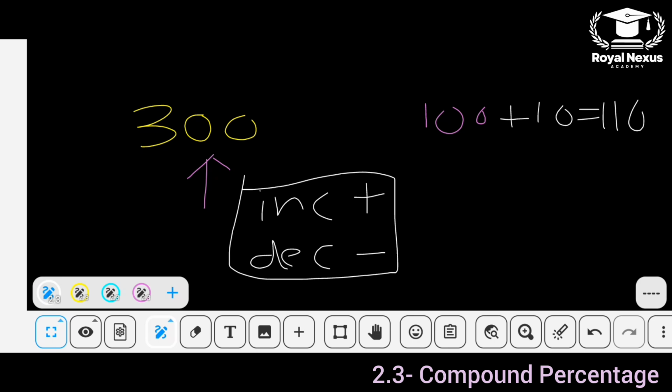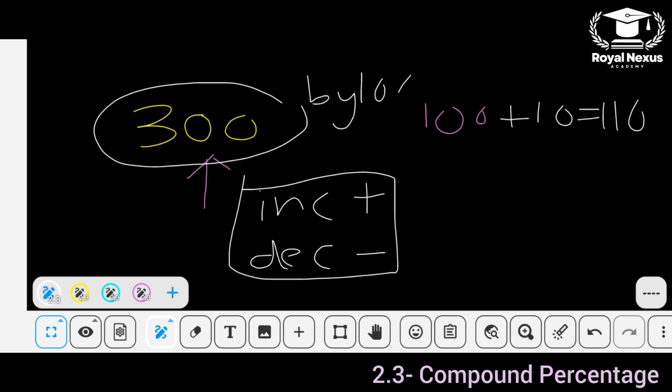In any compound percentage question, the first step is you need to calculate the multiplier. So coming back to the question, you need to increase this 300 by 10%. The first step is calculating the multiplier, so it's 100 plus 10, which is equal to 110.